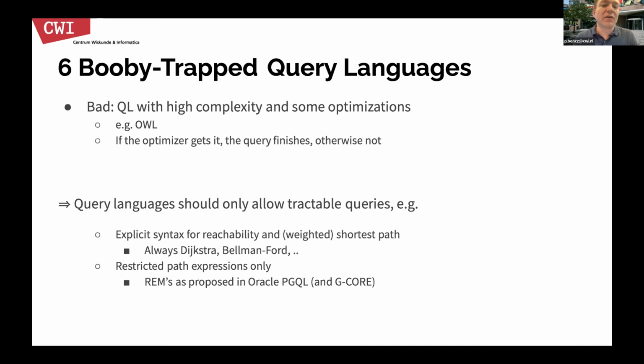So in the case of graph query languages, you could think about using explicit syntax for reachability and weighted shortest path. The wrong approach here is actually the SQL approach, where you have the general concept of recursive queries. These recursive queries are typically not tractable. Only special cases are tractable.